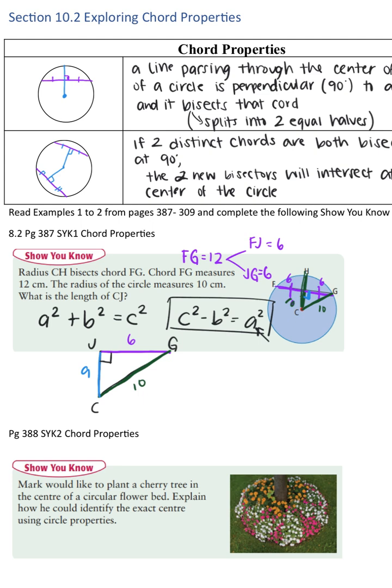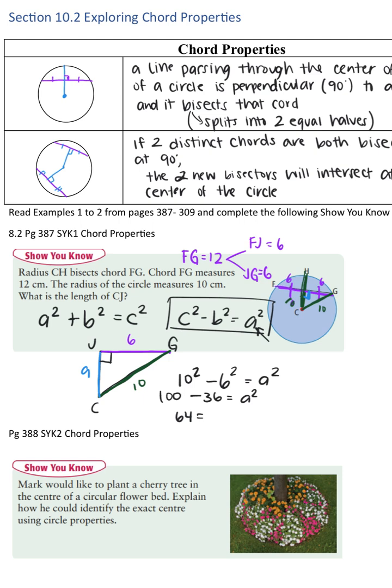Now we plug in our known values. We know that our radius is equal to 10. So we've got 10 squared minus our known arm, 6 squared, is equal to a squared. This means that we have 100, which is our 10 squared, minus 36, our 6 squared. 100 minus 36 is going to leave us with 64.